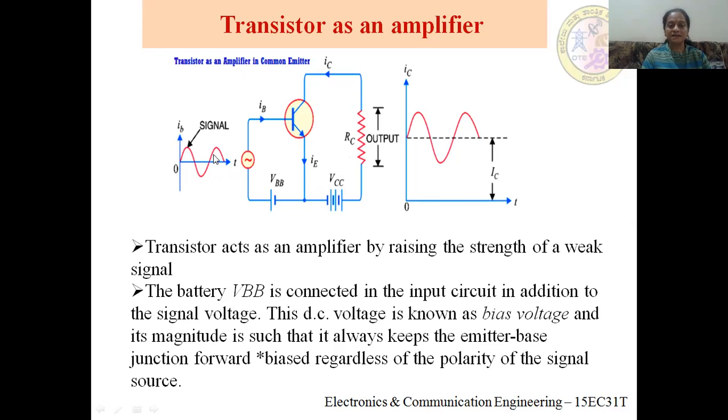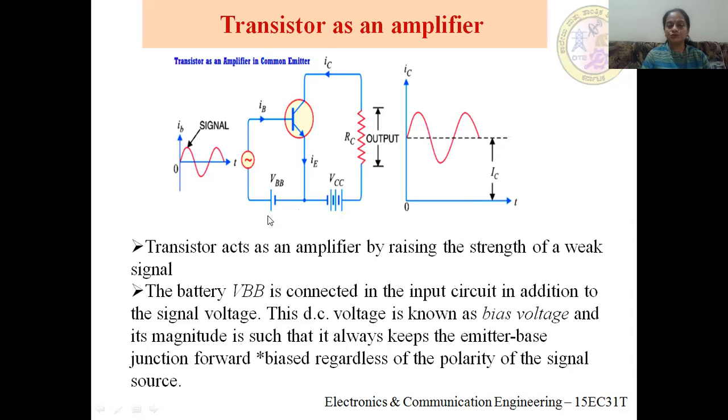This is the signal to be amplified, which is applied between the base and emitter. And the amplified signal we are going to get between collector and emitter. On the collector terminal, we are going to get the amplified signal. And this is a common emitter configuration.